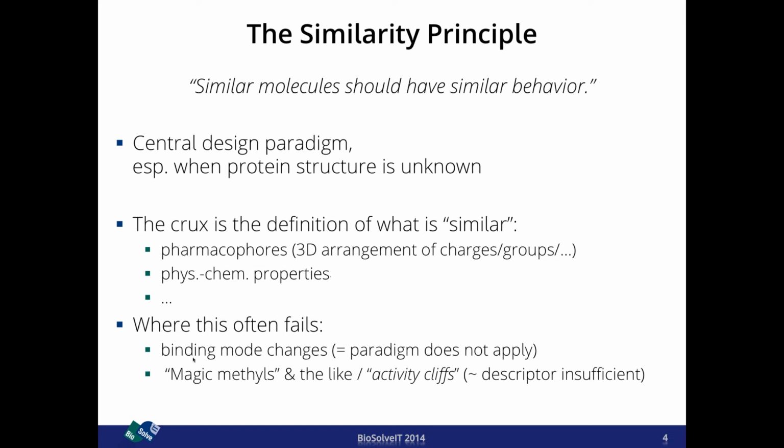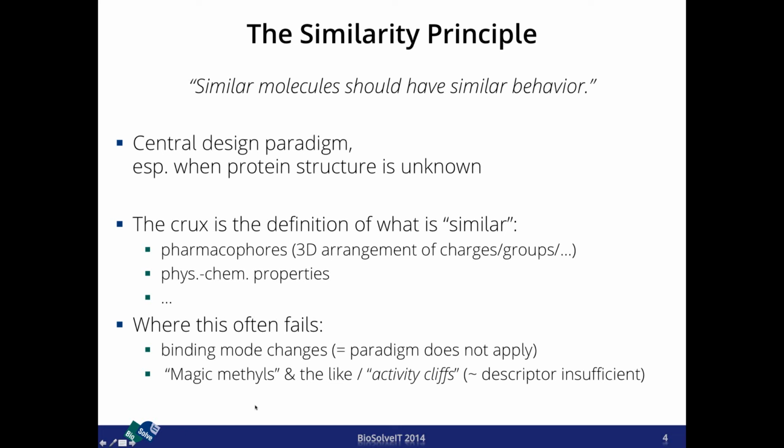Then, of course, this paradigm does not apply anymore, and we lose the ground on which we have been standing. The second thing where this assumption often fails is for something that we call activity cliffs. Usually this translates into the fact that the descriptor that we use is insufficient, which means that the way how we describe a molecule is not really apt for the situation of an activity cliff.